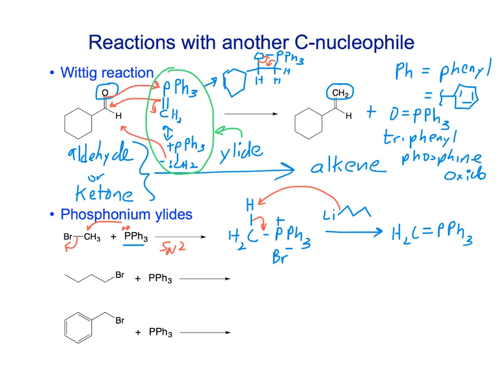This would have its resonance form. I know it's kind of messy up there. It would look like this, and a minus. Okay, so this is the ylide, this is the nucleophile.